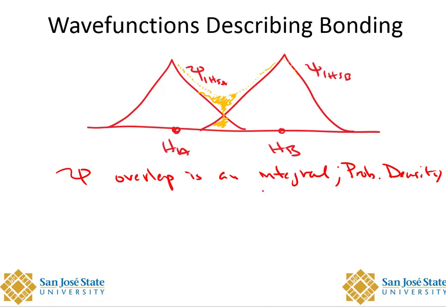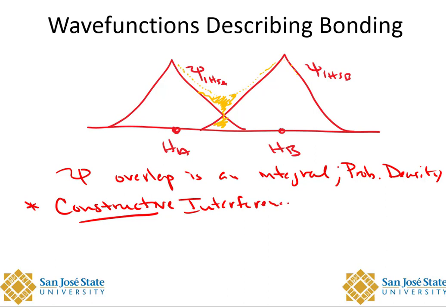And another concept that we need to reinforce is that this is constructive interference of our wave functions. Constructive interference, because we have a particle wave, is a bonding orbital.